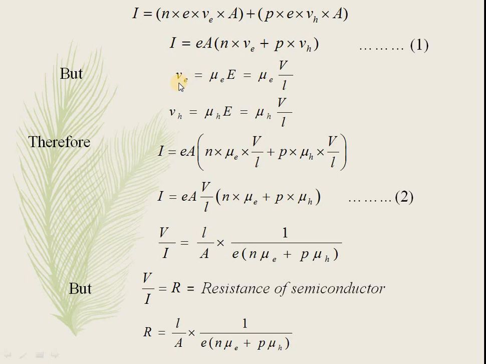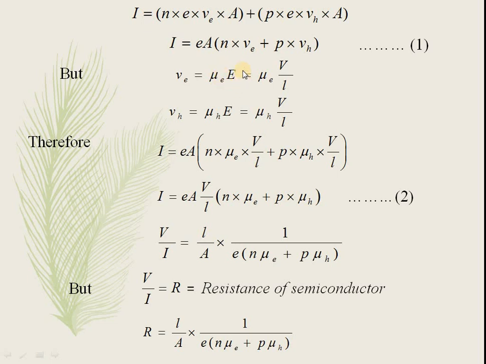But as we know, the drift velocity of the electron depends on the applied electric field. So v is directly proportional to E, or we can write v_e is equal to mu_e into E, where this mu_e is a constant known as the mobility of the electron. So for electron it is taken as mu_e.